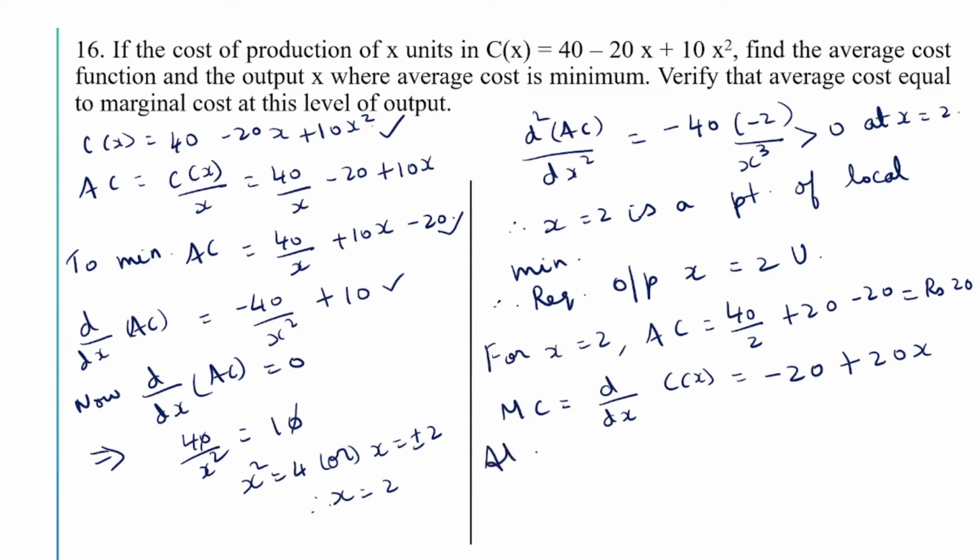So at x is equal to 2, marginal cost is equal to minus 20 plus 40. So it is equal to rupees 20. Therefore, we can see that at x is equal to 2, marginal cost and the average cost are equal.